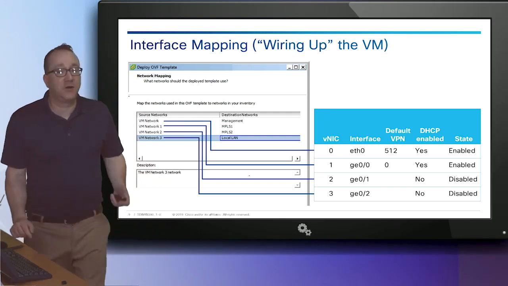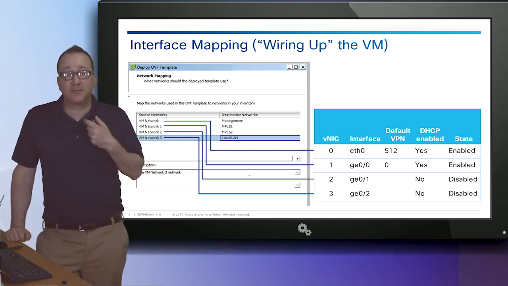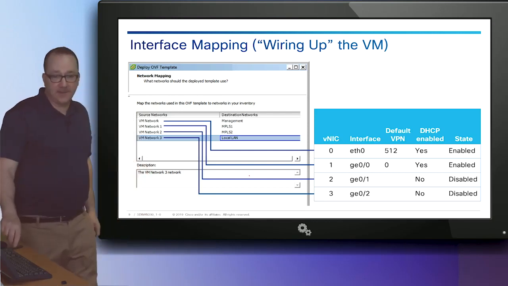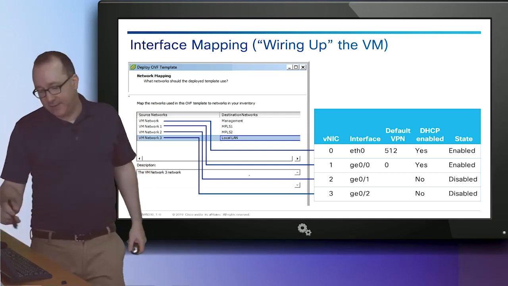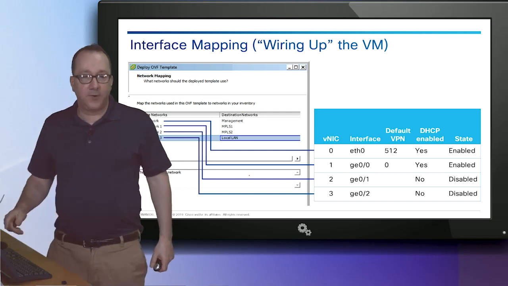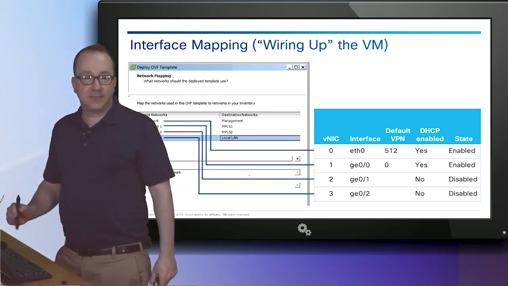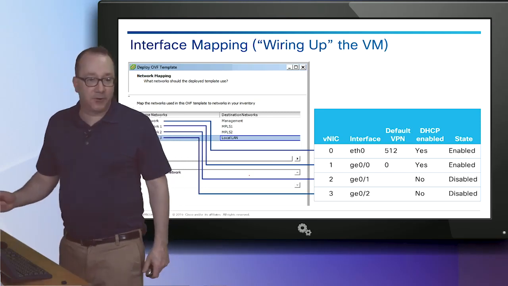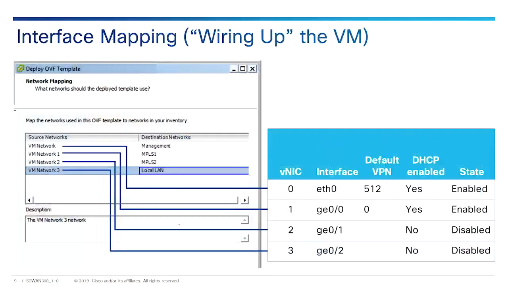So, as previously done with the controllers, this virtual machine must be wired up virtually with the correct VLANs. On the left side of this list, we're going to have the networks that we need, which are our available vNICs. Next to the list of source networks is the list of destination networks. All right? And as spoken before, we're going to need to link these to our management VLAN and our tunnel VLAN, our control and overlay VLAN.